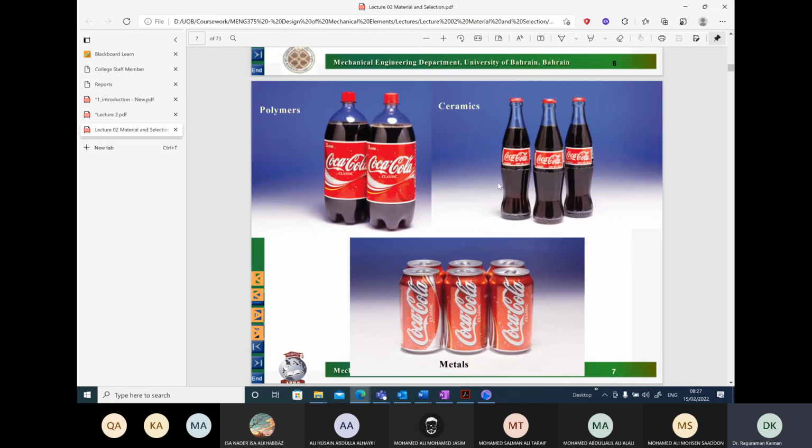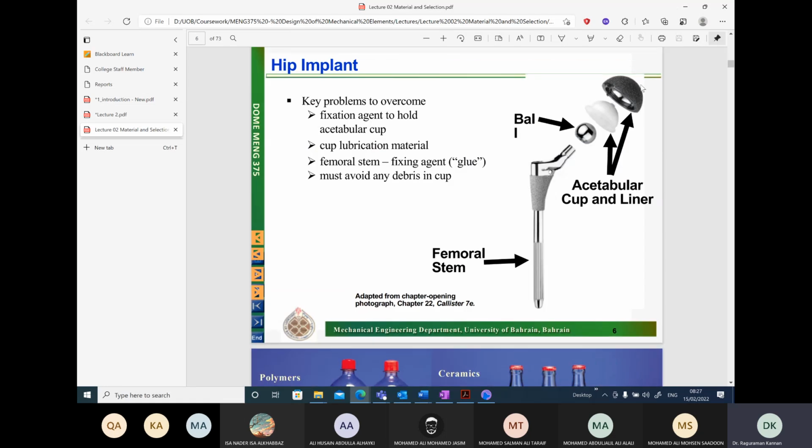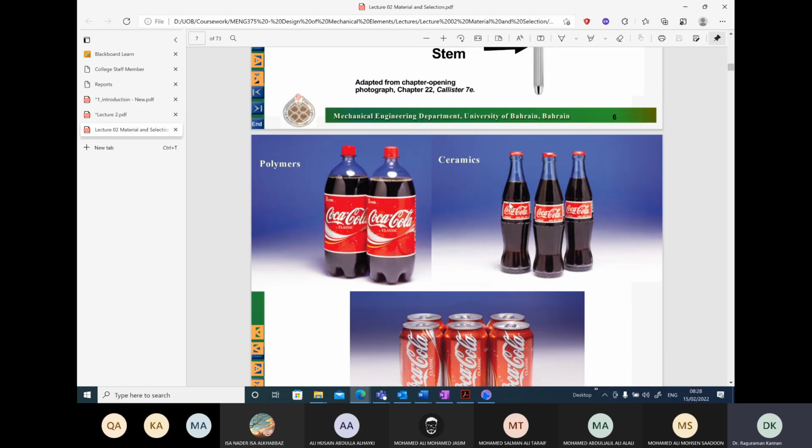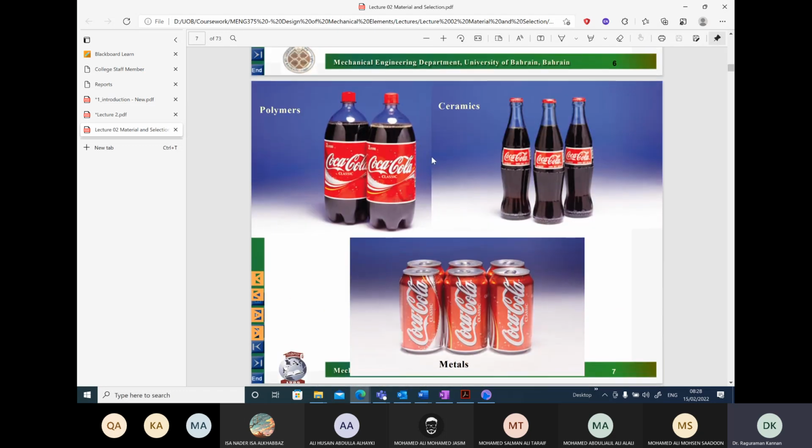Okay, another example, we have various classes of materials. Here we have seen some kind of a ceramic material, metals and alloys, plastics, again, examples of polymers, ceramics, metals. What are the different categories of engineering materials you have?